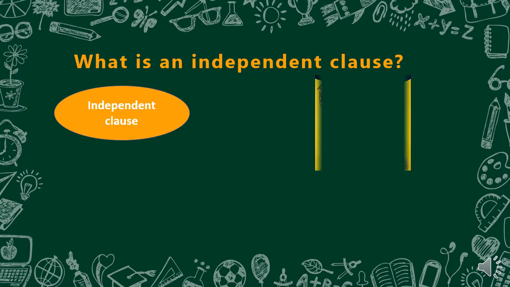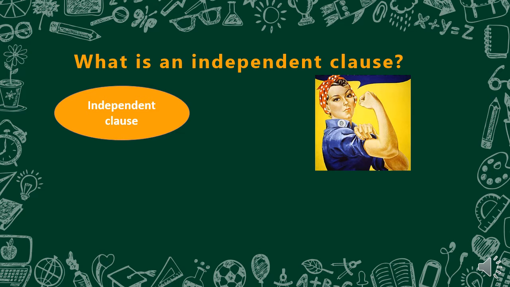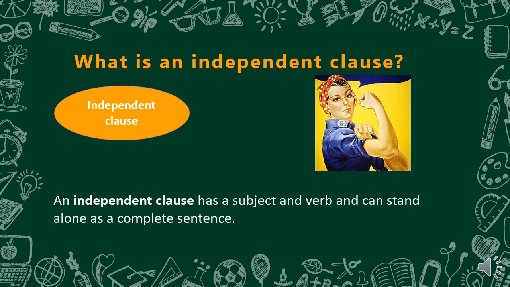An independent clause can stand alone and have a meaning, and doesn't need any other phrases or clauses attached to it. An independent clause has a subject and a verb and can stand alone as a complete sentence.